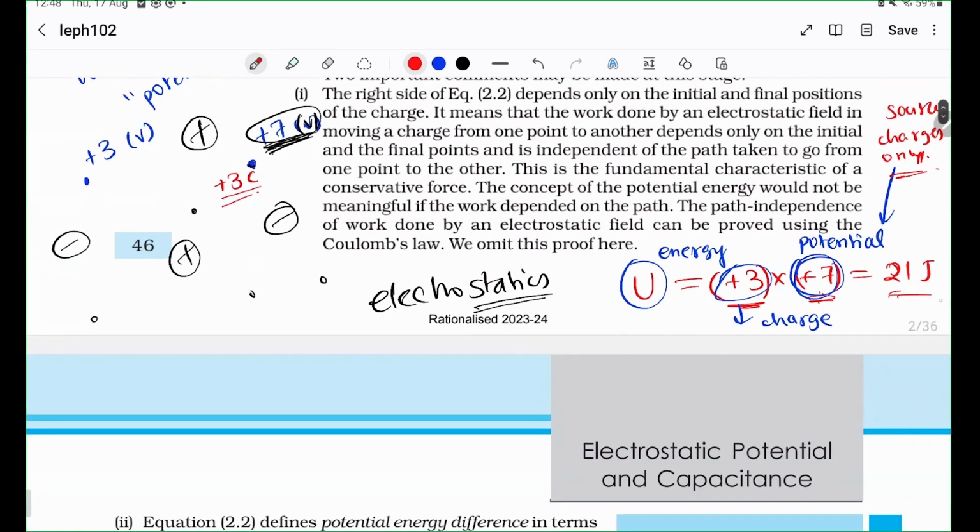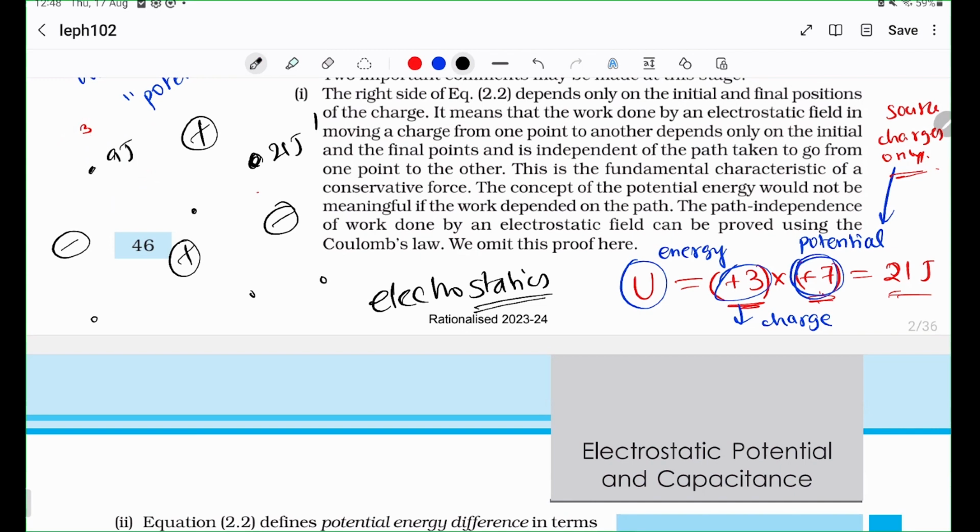So if the plus 3 coulomb were here, it would have 21 joules of energy. If the plus 3 coulomb were here, then it would have an energy of 9 joules, 3 into 3. So now you can automatically see that at this point, it has 21 joules, and at this point, it has 9 joules.